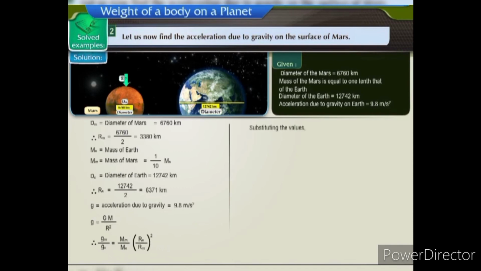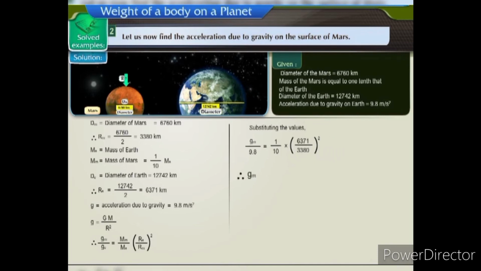Substituting the values, gm upon 9.8 is equal to 1 upon 10 into 6371 upon 3380 the whole square.